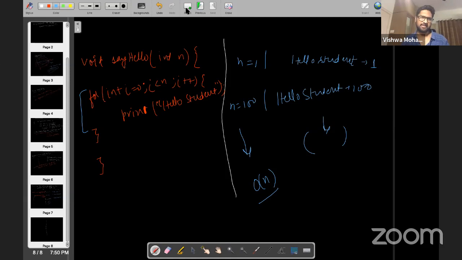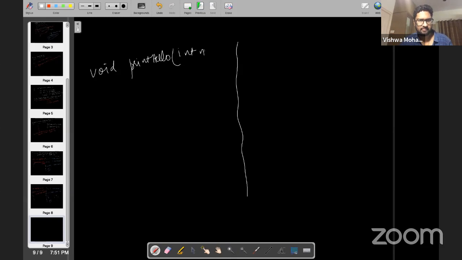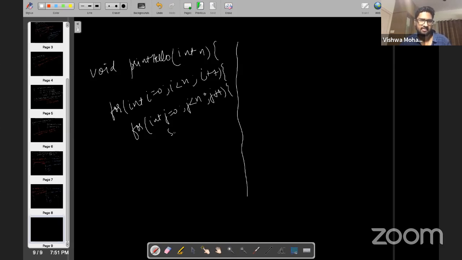Let's quickly see another example, and I think it will make more sense. Here again I write void print hello, int n. Now I write for int i equals 0, i is less than n, i plus plus, and inside I write a nested loop, int j equals 0, j is less than n, j plus plus, and I write print hello.